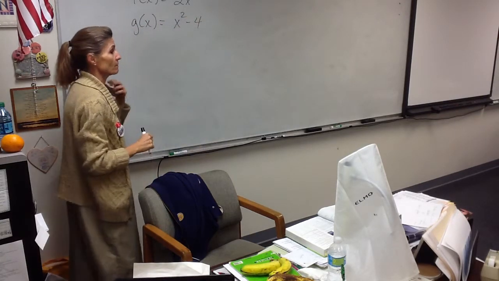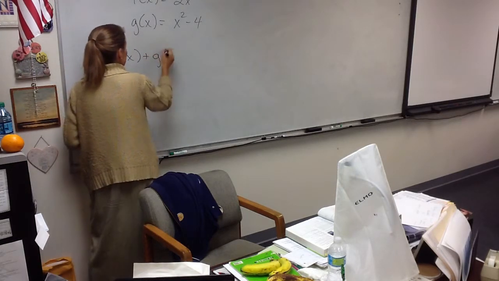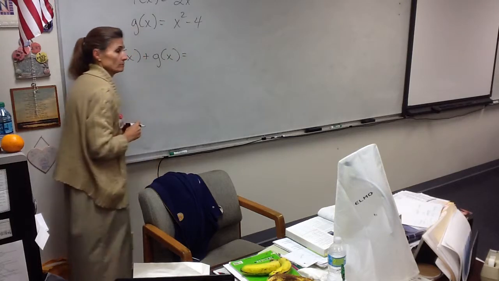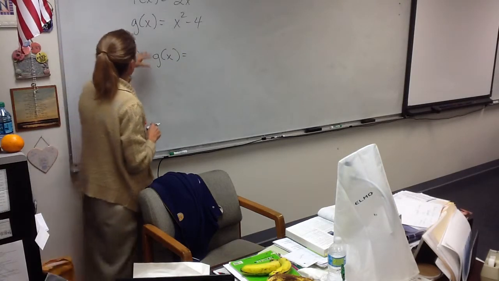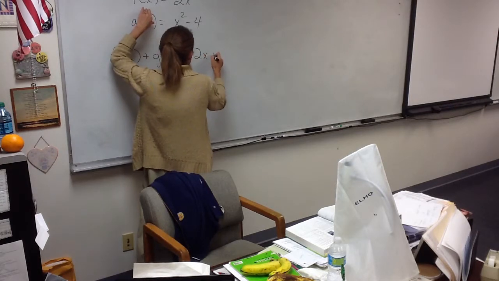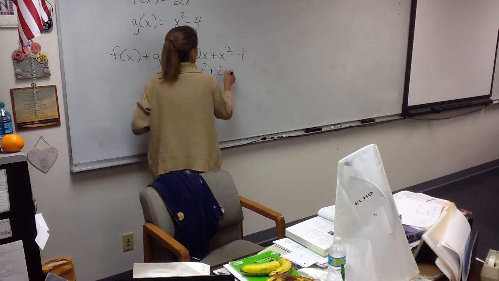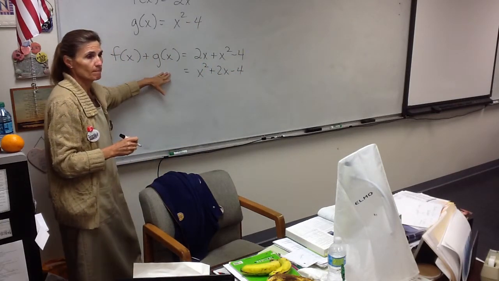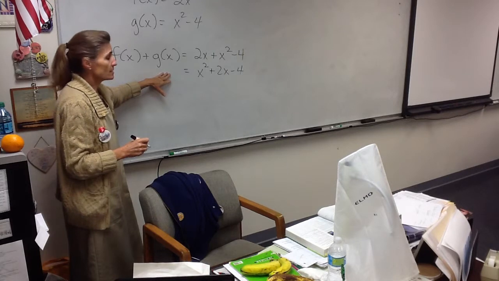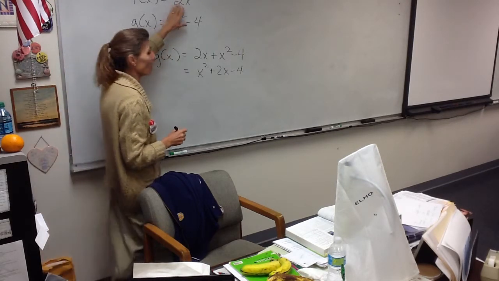Could we add these functions together? Well, of course we could. We would have 2x plus x squared minus 4, which I would probably put in descending order. That would be the sum of those two functions. Kids, not hard. Common sense. It says add them together. Okay, I'll add them together.